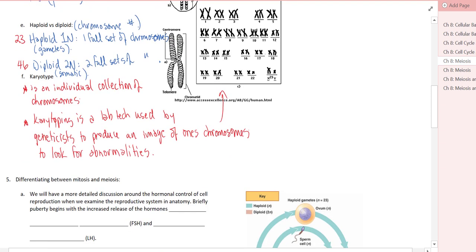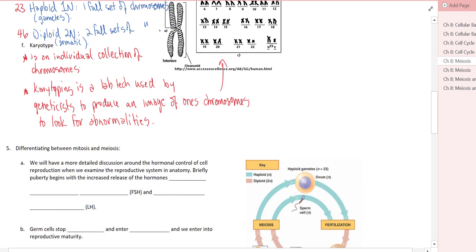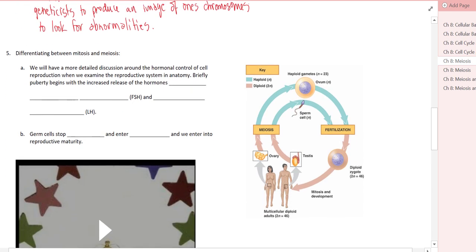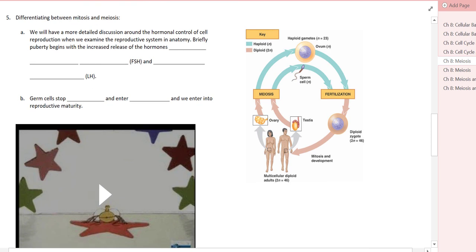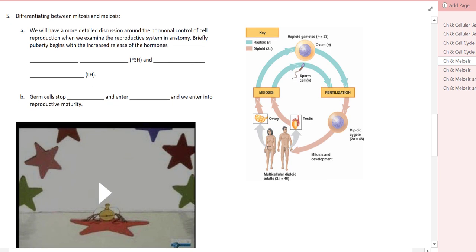Okay, so before we get into going through the process of meiosis, I want you to make sure that we understand the fundamental difference, right? Mitosis is occurring from the moment of conception. So we have sperm fertilizes egg, right?